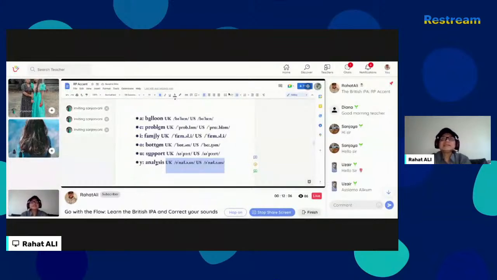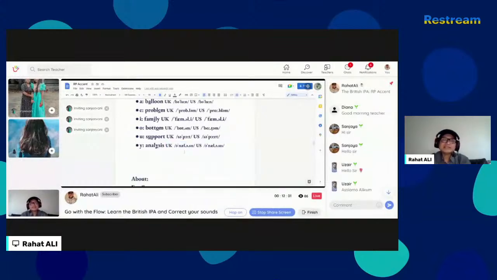So this word, you can see from the symbol, A is a schwa sound and Y is another schwa sound, and it should be pronounced as analysis, not analysis. Remember, analysis. Picture it, there is no Y. Analysis. So the best way to practice schwa is to assume that the letter is not there and try to pronounce it.